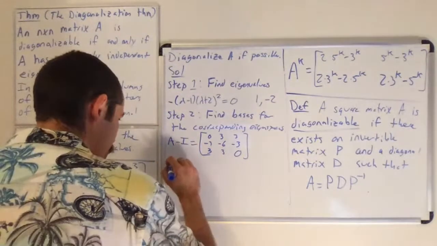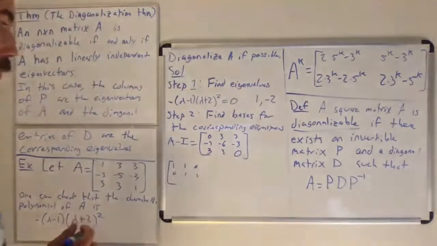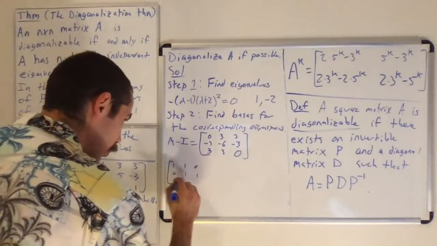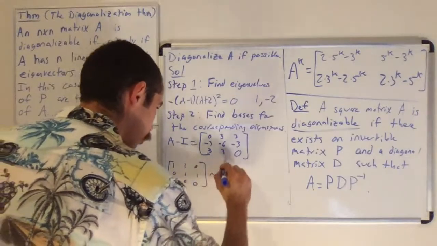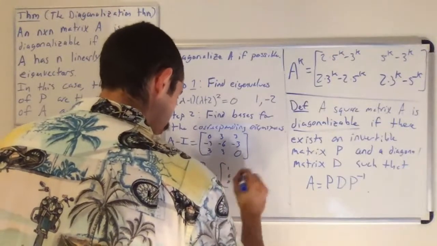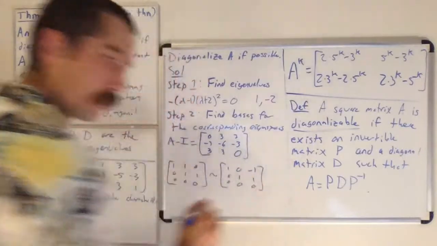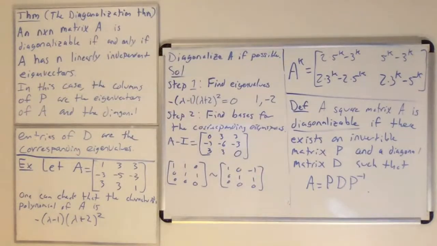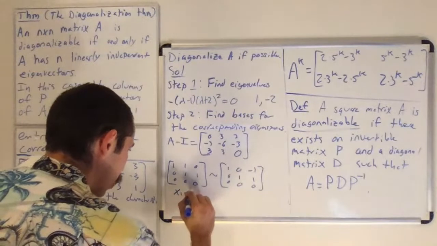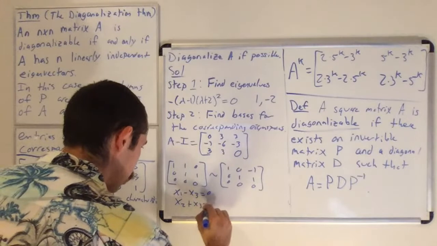So this row reduces to 1, 1, 0, 0, 1, 1, 0, 0, 0, which row reduces to 1, 0, -1, 0, 1, 1, 0, 0, 0. And so we have the equations x1 minus x3 equals 0, x2 plus x3 equals 0.